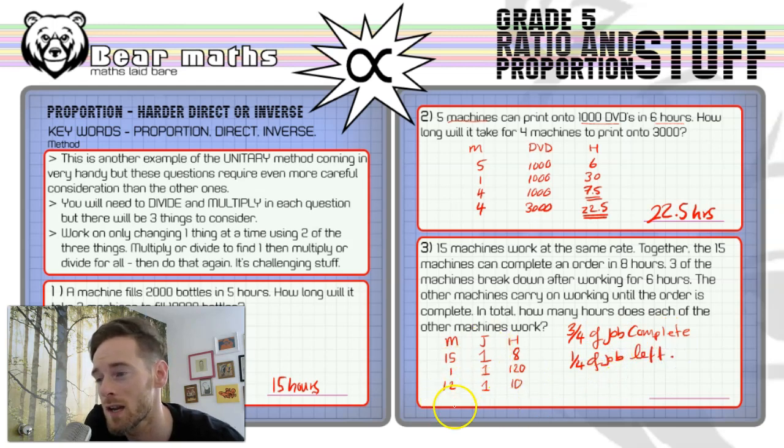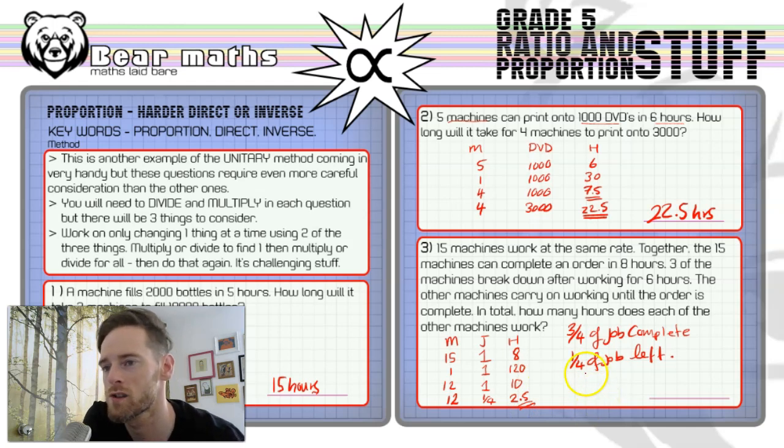So we need to know how long it's going to take those 12 machines to do a quarter of a job. So for the 10 hours, that's going to be divided by 4 to get a quarter, and that's going to be 2.5 hours. So 12 machines would have to work for 2.5 hours extra from the 6 hours.